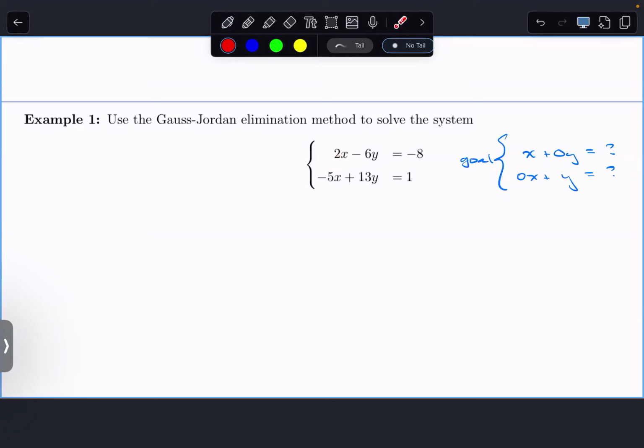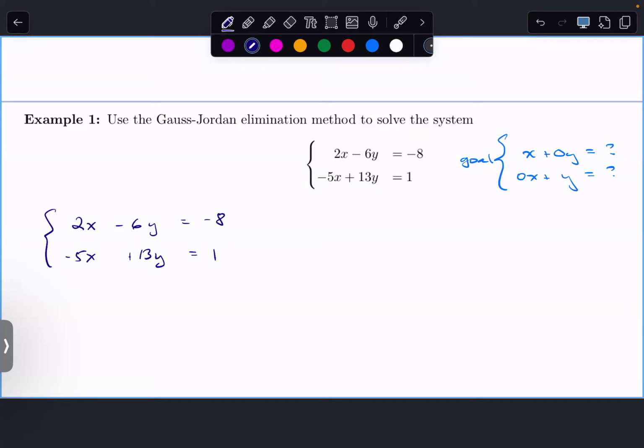So what I'm going to do is write out this system. 2x minus 6y is equal to -8. And -5x plus 13y is equal to 1.